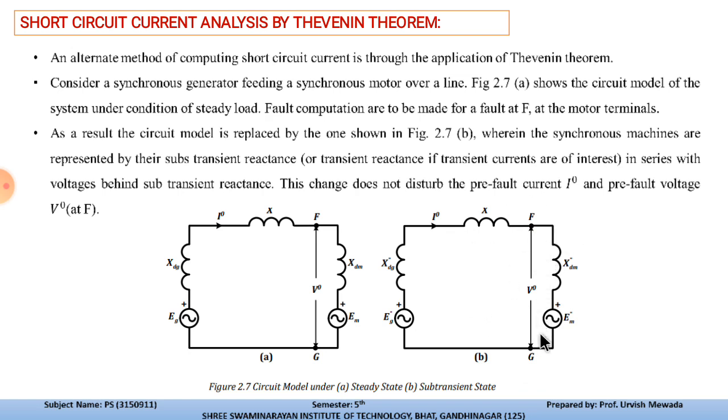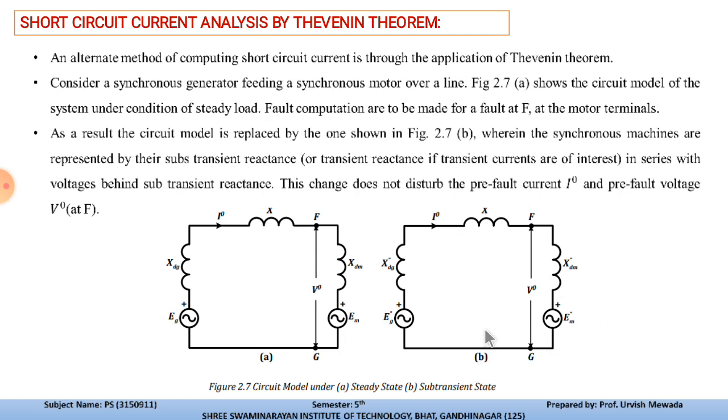The synchronous machines are represented by their sub transient reactances, or transient reactances if transient currents are of interest, in series with the voltage behind sub transient reactance. This change does not disturb the pre-fault current I0 and the pre-fault voltage V0 at the fault condition.